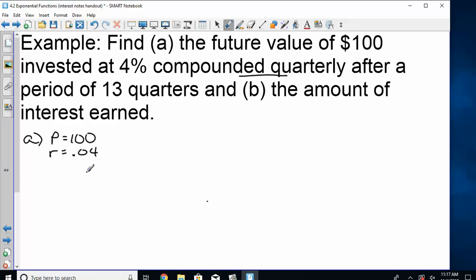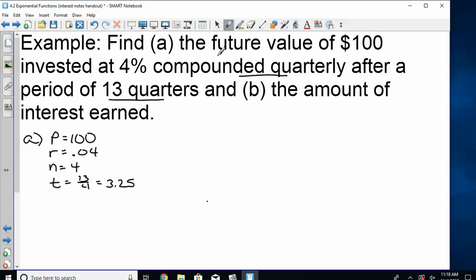Compounded quarterly, so that means N is 4. After a period of 13 quarters, you just have to do 13 divided by 4, or 3.25 years.